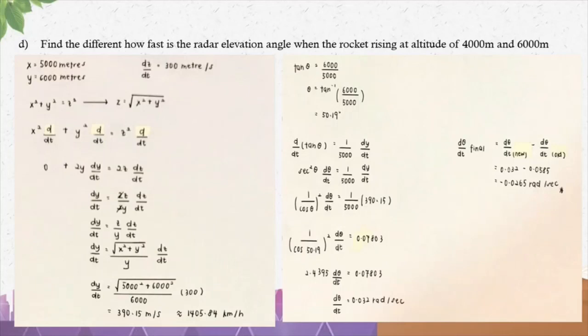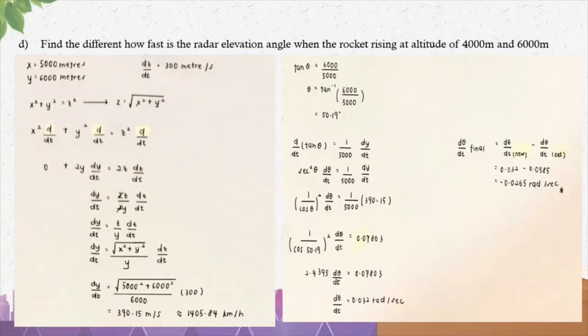Sec squared must be converted to 1 over cos squared theta, equal to 1 over 5,000 dy per dt, where dy per dt is 390.15 meters per second. So we calculate its value. We got d theta per dt equal to 0.032 radian per second.